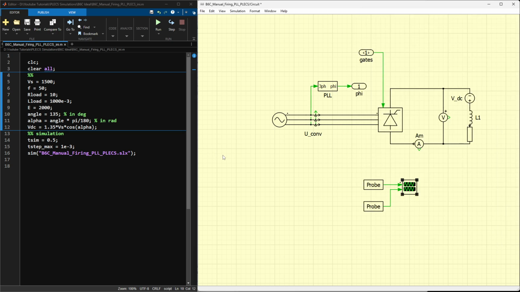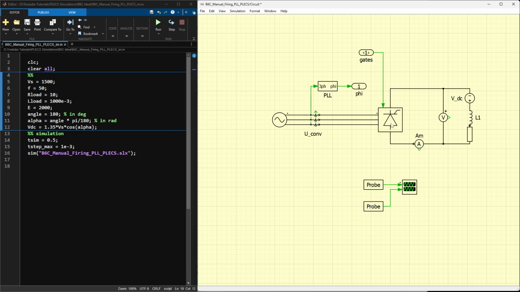Let's go to the extreme value of alpha that would invert the output voltage, which is 180 degrees. Don't forget that we have a lossless system here. That means we didn't consider any passive components of the grid, the transformer, or the converter.